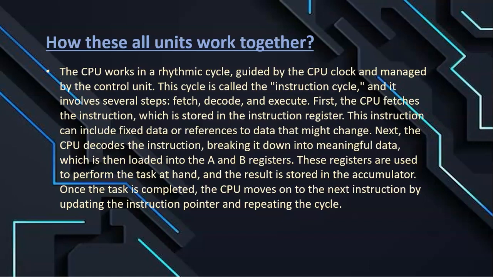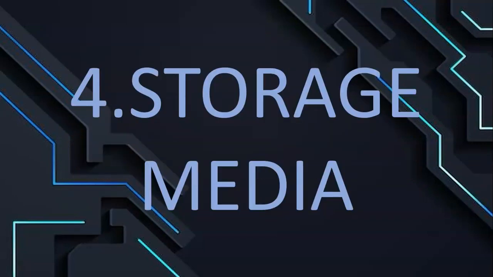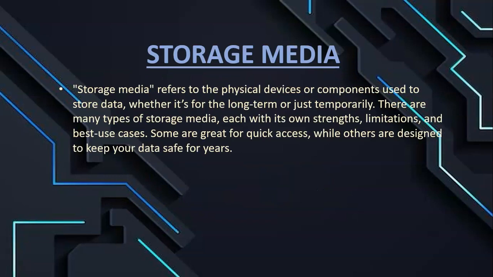Next, the CPU decodes the instruction, breaking it down into meaningful data, which is then loaded into the A and B registers. These registers are used to perform the task at hand, and the result is stored in the accumulator. Once the task is completed, the CPU moves on to the next instruction by updating the instruction pointer and repeating the cycle.